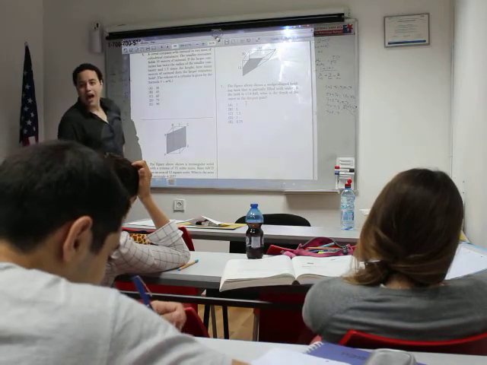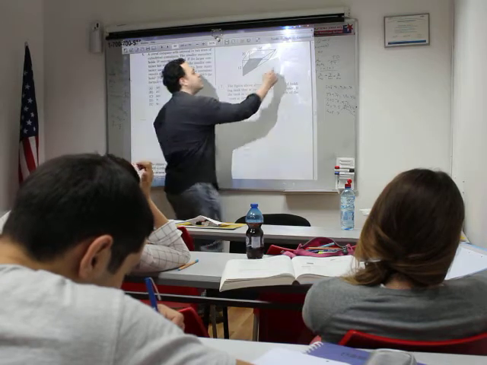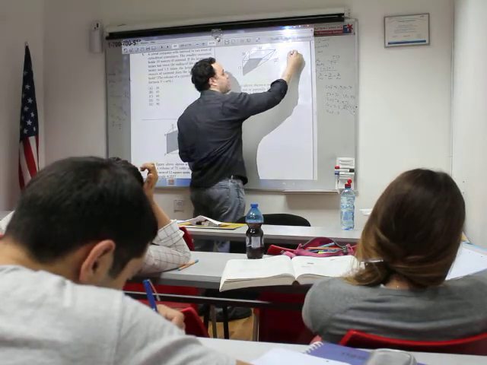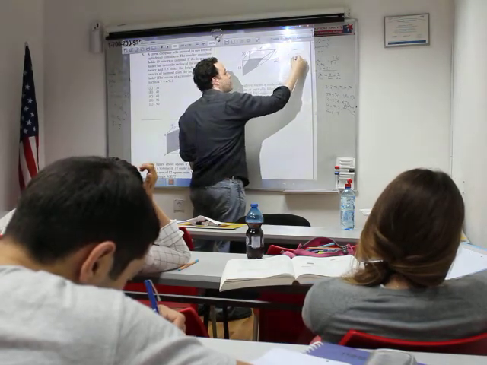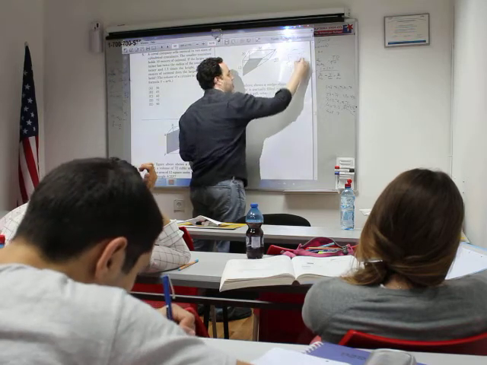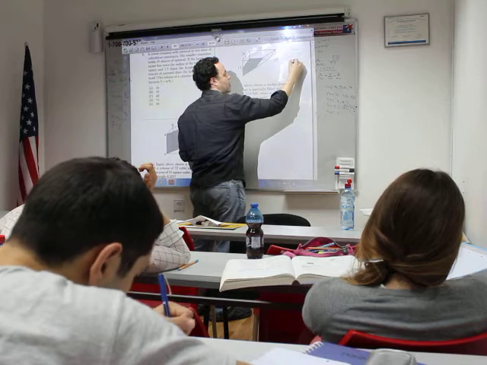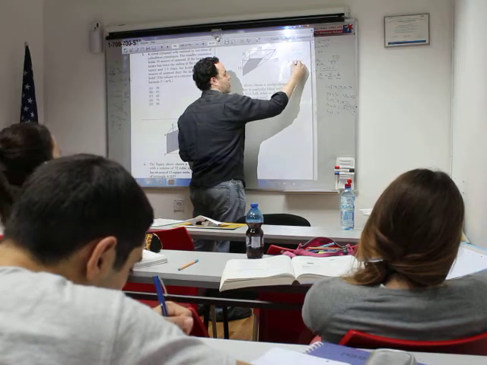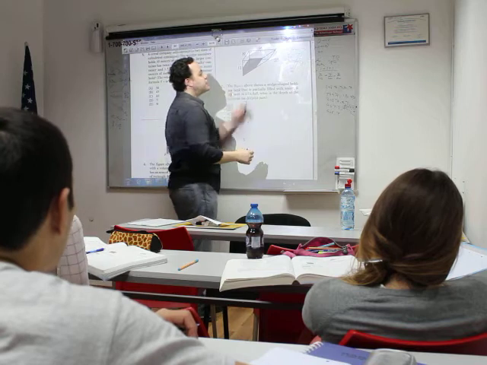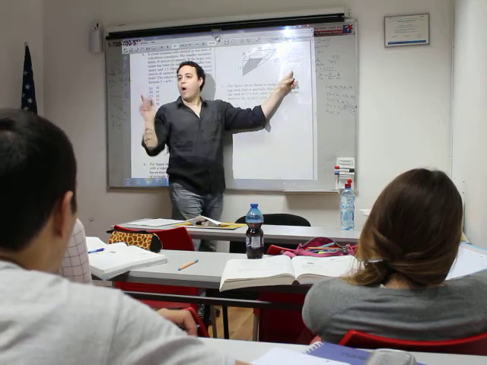First of all, I want you guys to realize that this is not the same as if you were to have this kind of a scenario. This is not the same as that. Why?